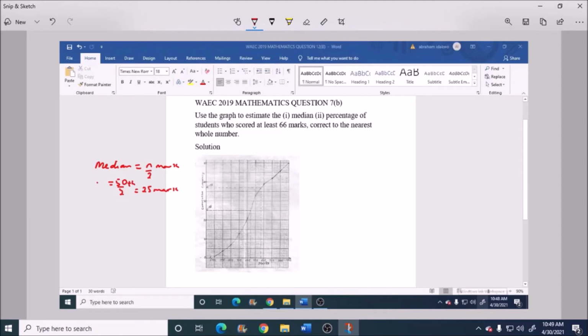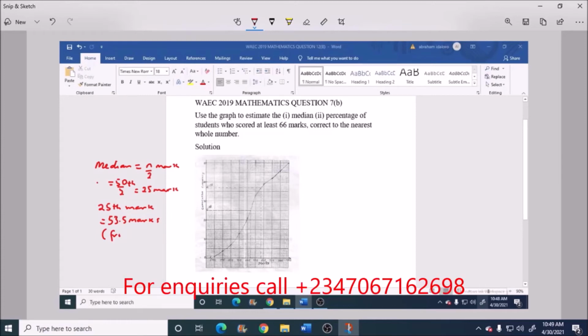The 25th mark from the graph is equal to 53.5 marks from the graph.